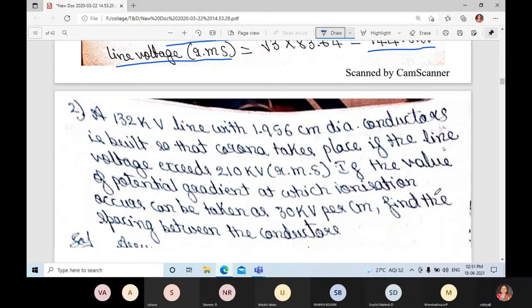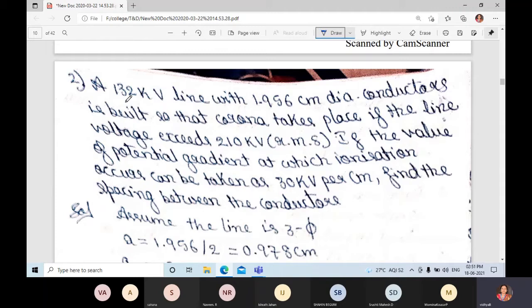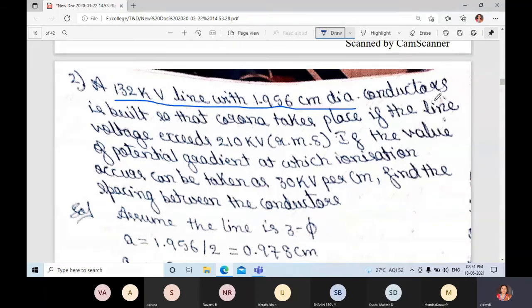Next problem. Given a 132 kV line with a 1.956 centimeter diameter conductor. It is built such that corona takes place if the line voltage exceeds 210 kV.